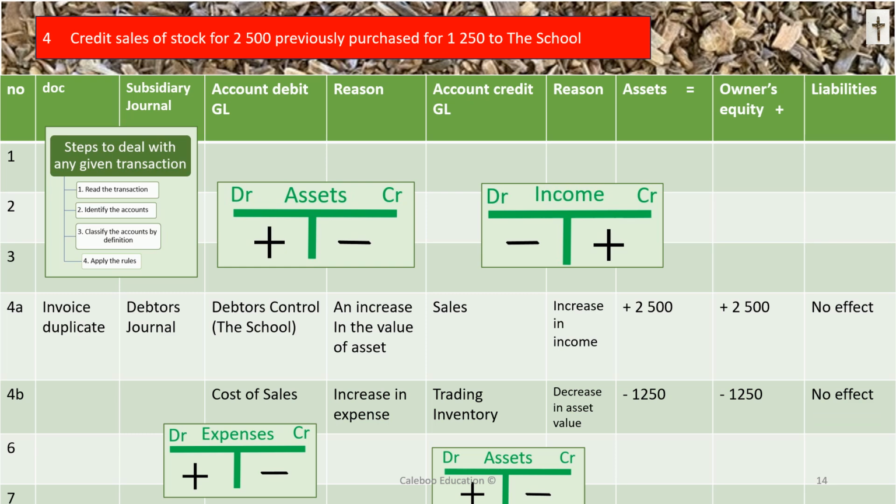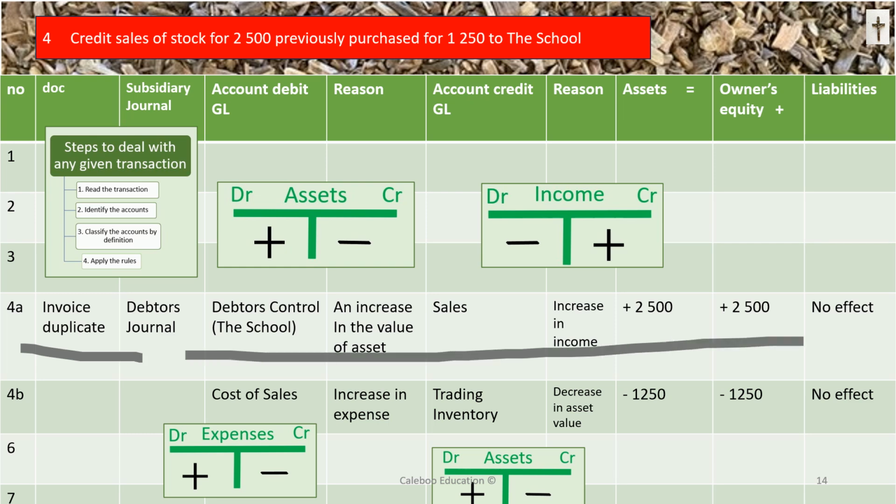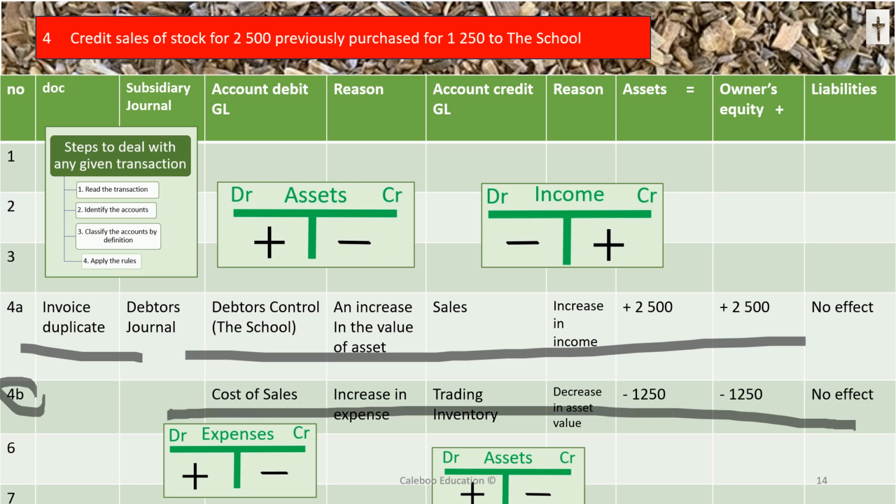And it has two parts. Part A, record the sale. Part B, record the cost of the sale. Two parts. The two accounts involved in the first one, this was a credit sale, debtors control and sales.